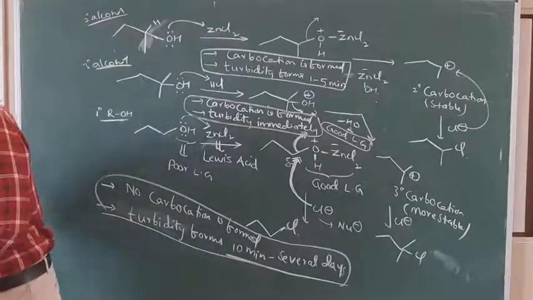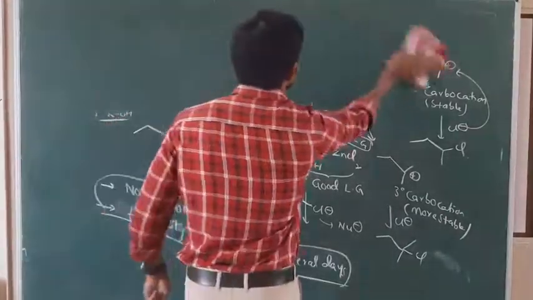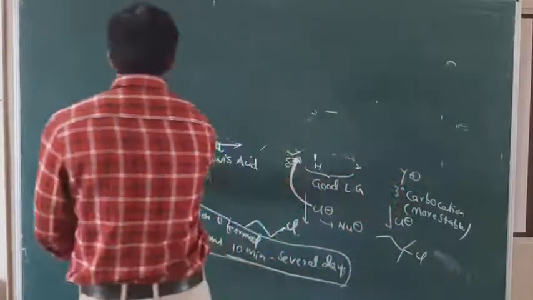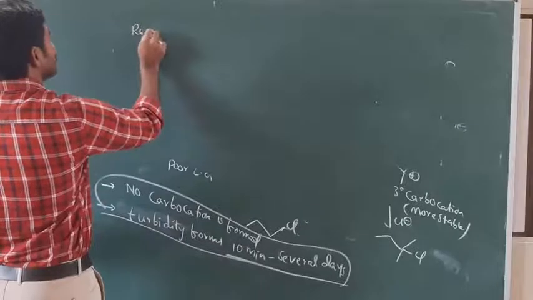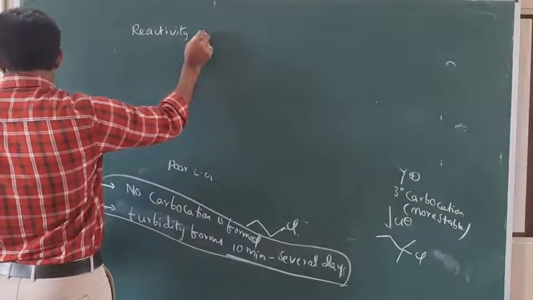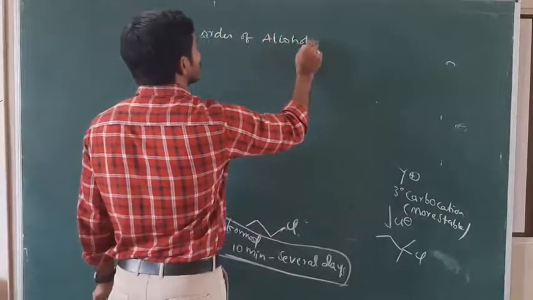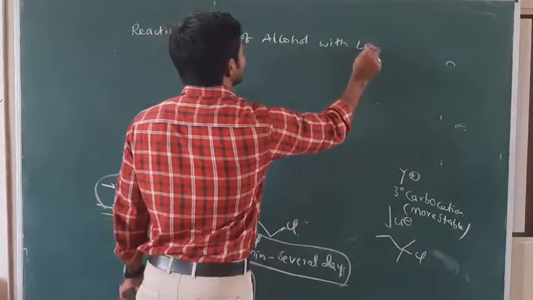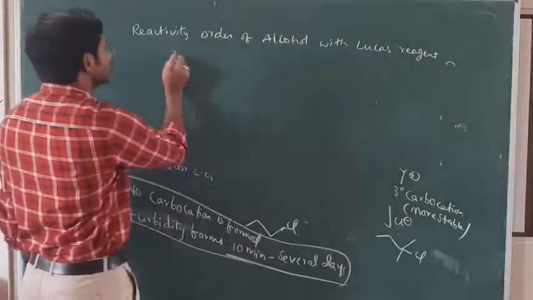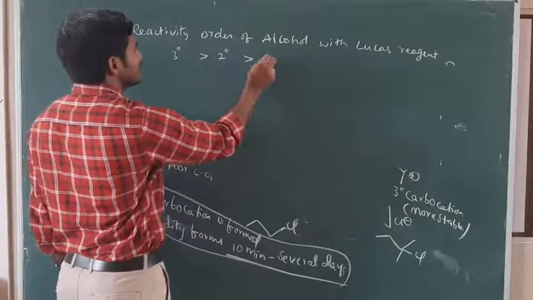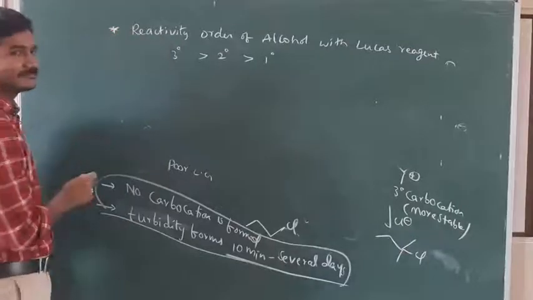Reactivity order of alcohols with Lucas reagent is: tertiary alcohols are more reactive than secondary, than primary. Okay, this is an important point you have to know.